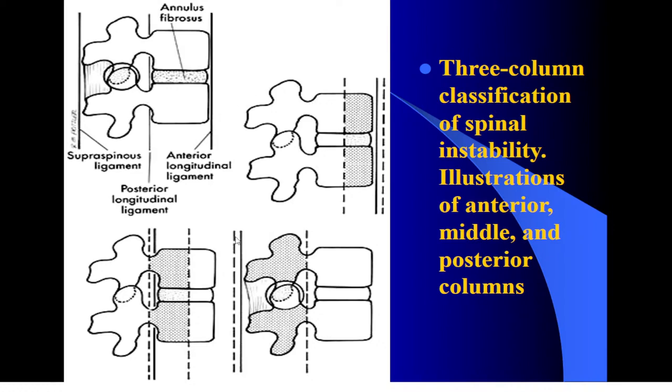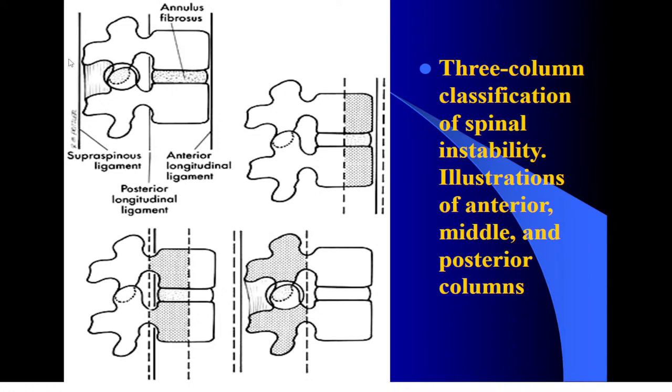The middle column, as you can see here, is represented by the posterior one-third of the bodies, the posterior one-third of the intervertebral disc, and the posterior longitudinal ligament.